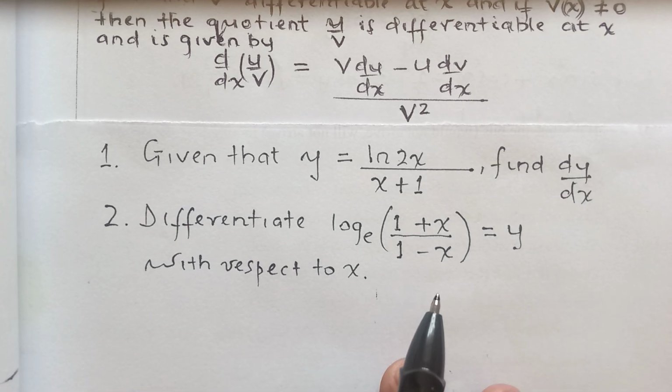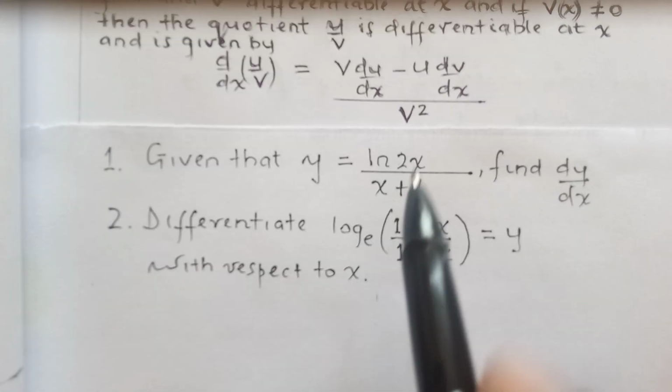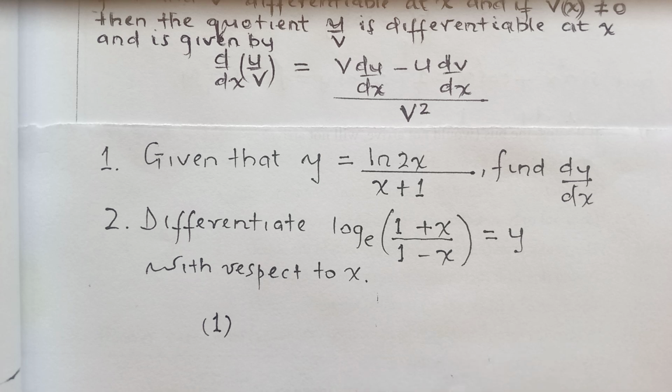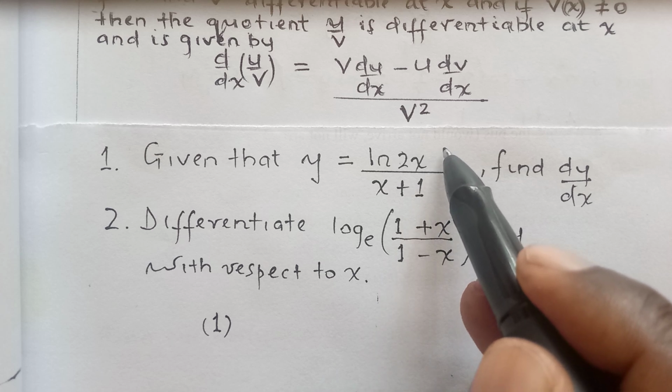We use now the quotient rule for this one. So we say that is question number 1. We shall say this be given as u.